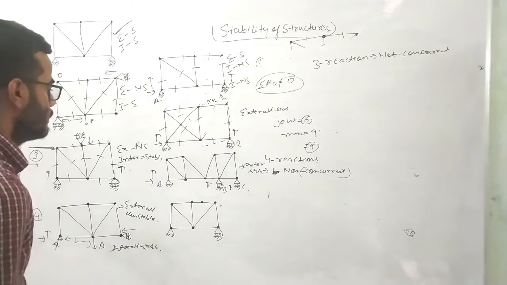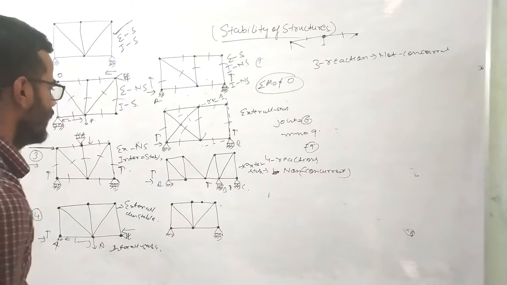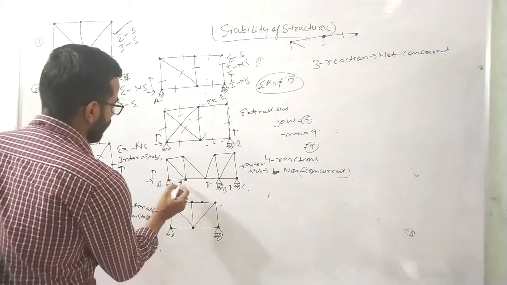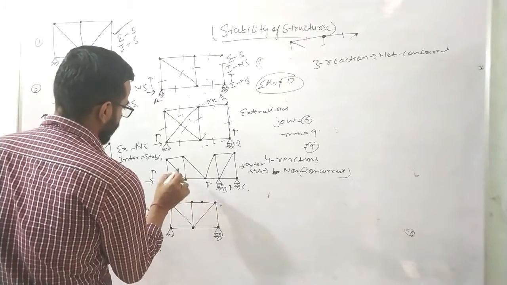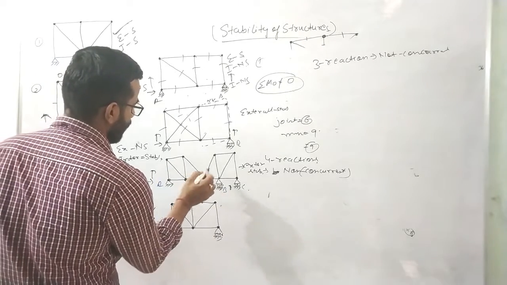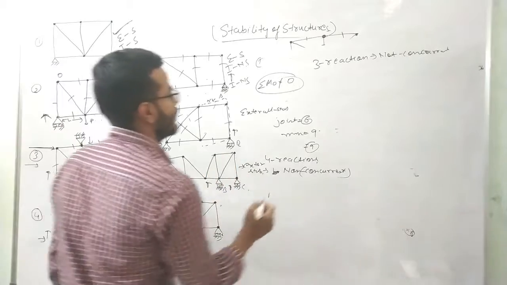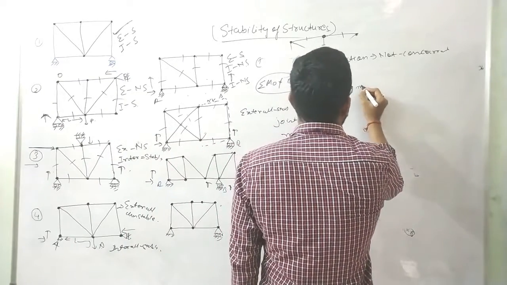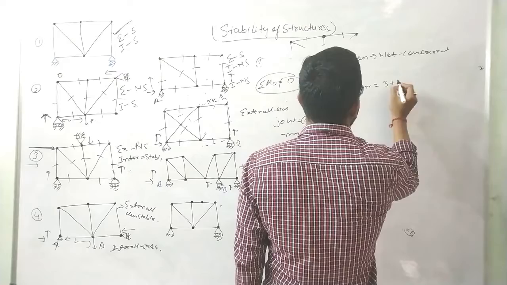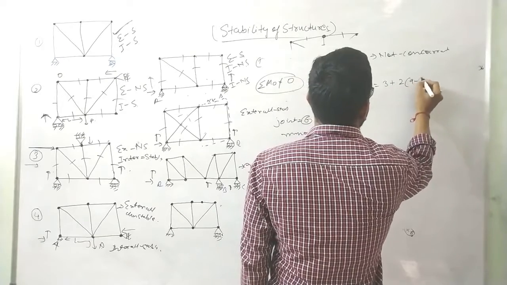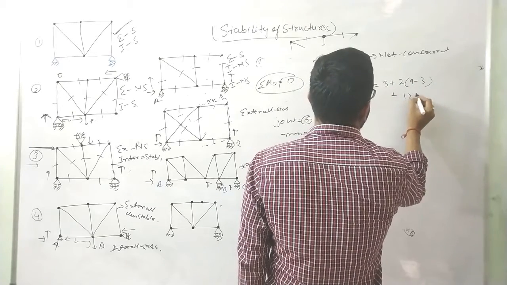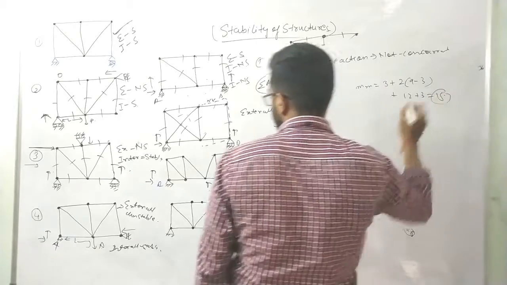Now we check the internal stability. For internal stability, how many joints do I have in this given structure? 1, 2, 3, 4, 5, 6, 7, 8, 9. 9 joints. So what is the minimum required number of members? 2j minus 3, that is 2 times 9 minus 3, which is 18 minus 3, equal to 15. 15 members required.